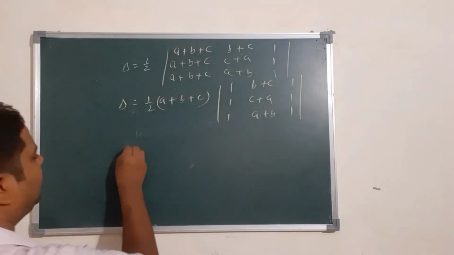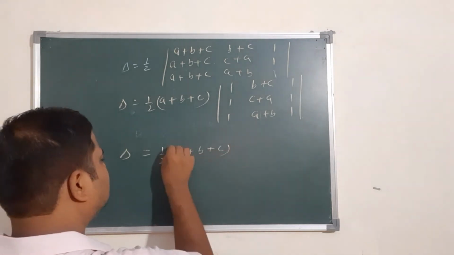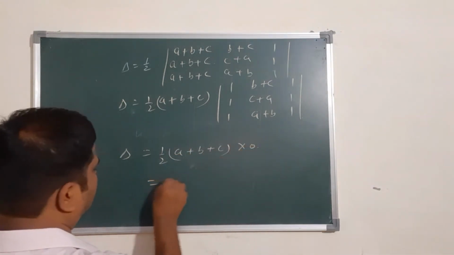That's why delta is equal to 1/2 (a + b + c) times 0, which is 0.